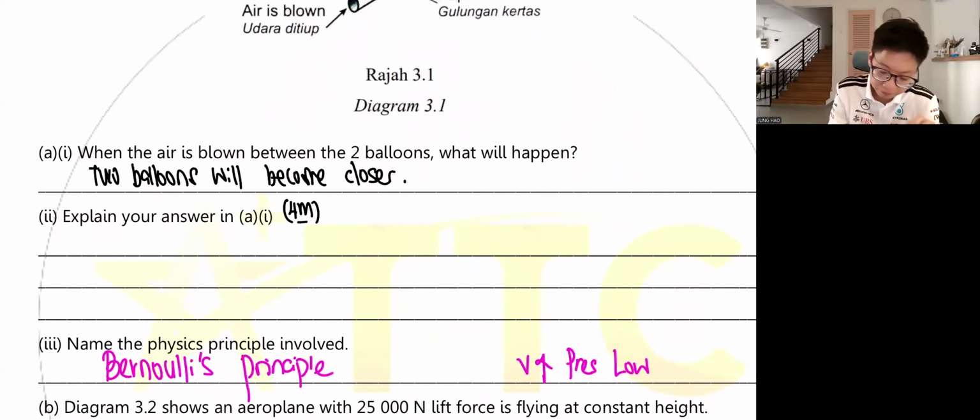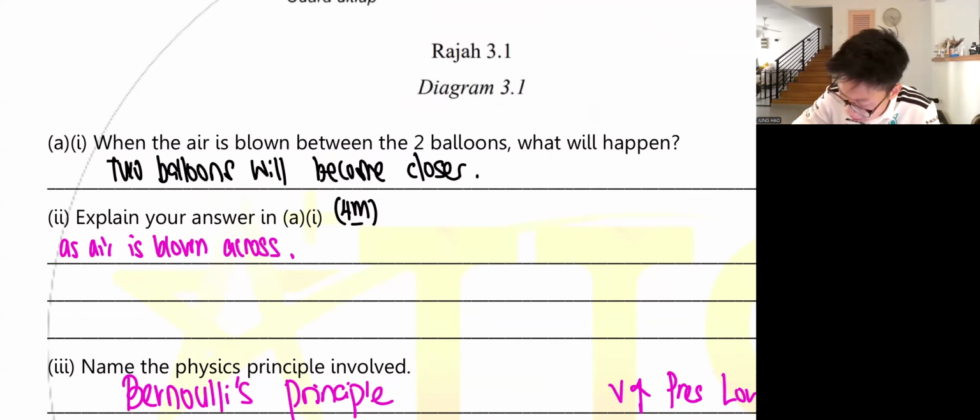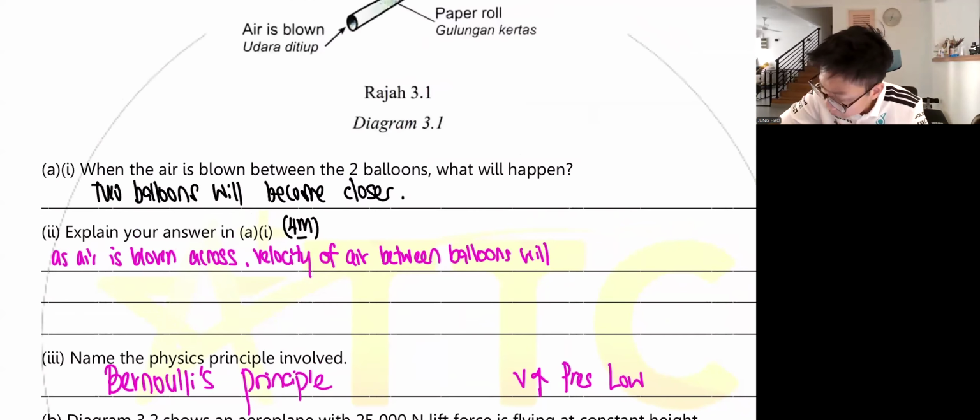So first of all, we have to talk about when you blow the air. When you blow the air, the velocity will go faster, right? So we can say, as air is blown across, the velocity of air between the balloons will increase.